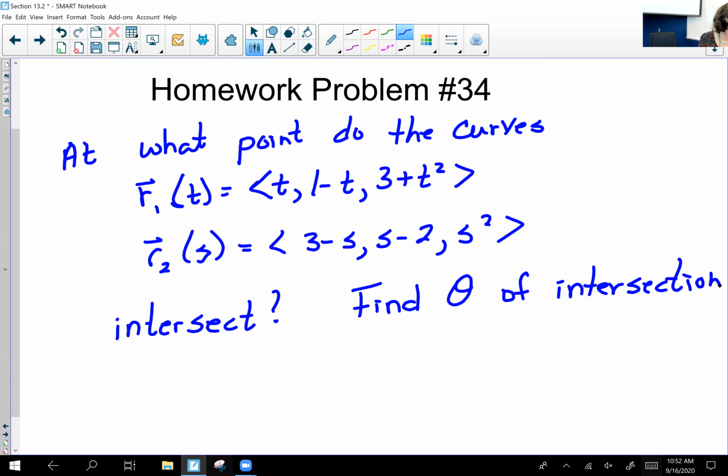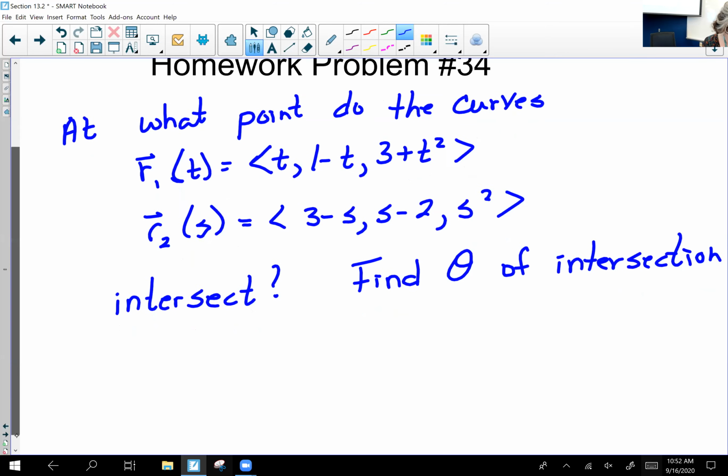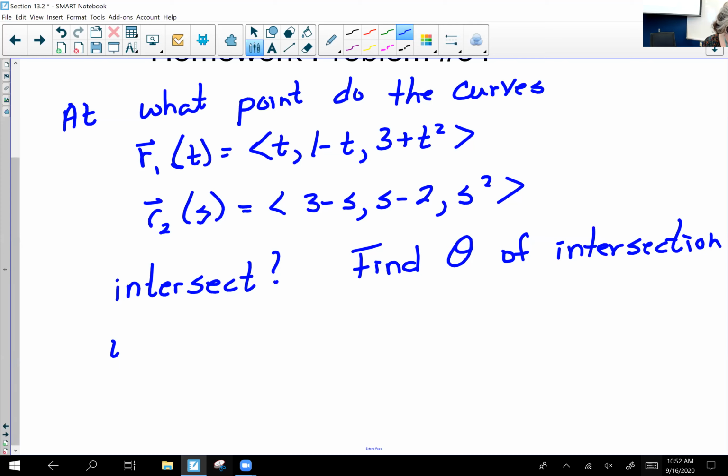All right, so let's figure out whether these two intersect. What we're going to do in order to do that is literally look at each component and set it equal to each other and make sure that they are the same. So the I component, right?